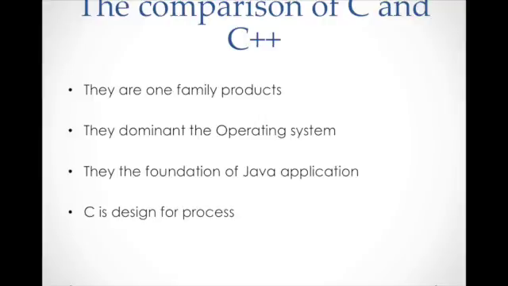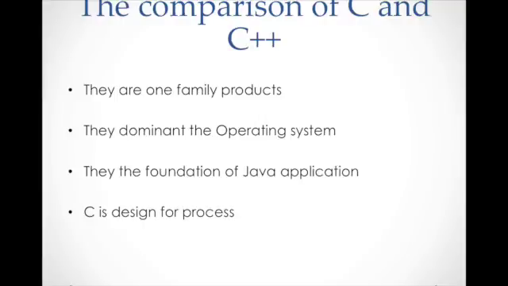The next is the comparison of C and C++. They are from the same family, because C++ was developed and built on C. They almost dominate the operating systems and basic applications.